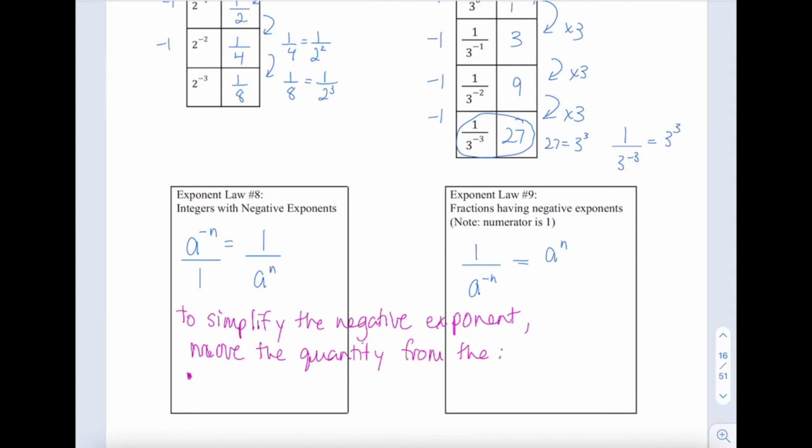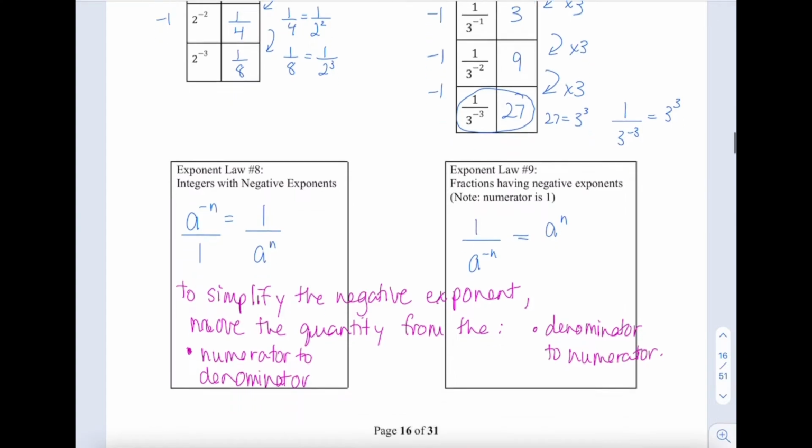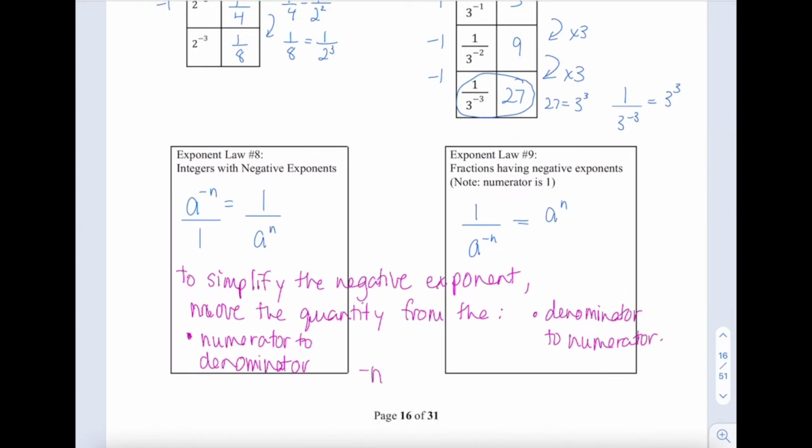In this case, it would be numerator to denominator. And in this case, it would be from denominator to numerator. And don't forget we changed the negative n to a positive n.